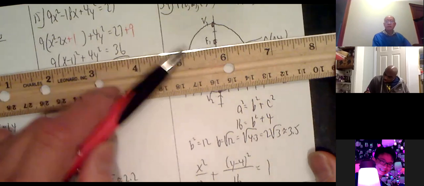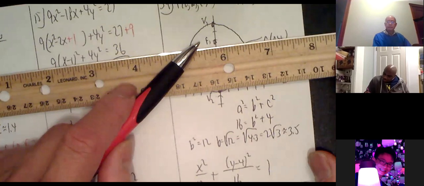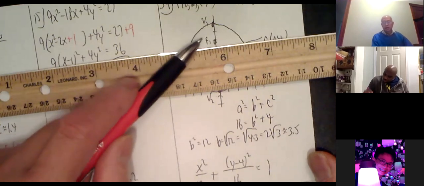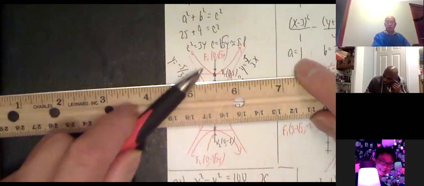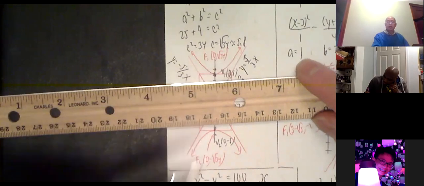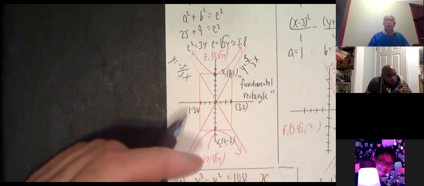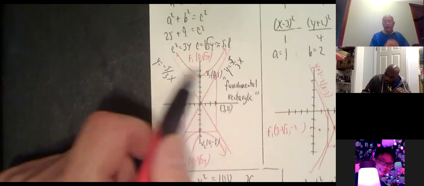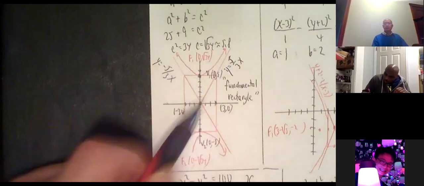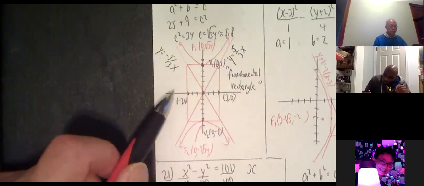They all have the same general idea, focus inside of the curve. So that's one way you can tell for all the shapes: if you did it right, the focus should always be inside the curve. Okay, so there we go.